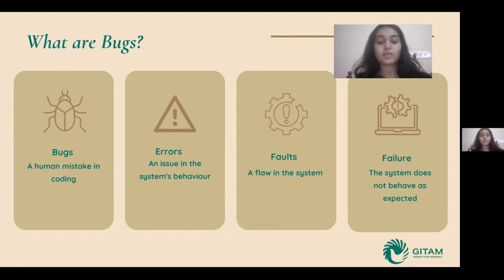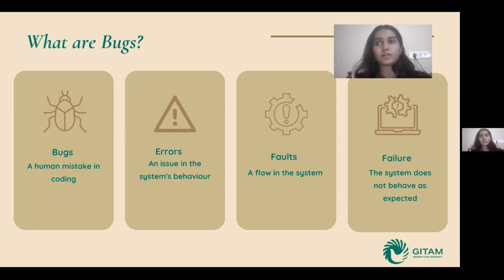The error is the part where it ends up in the system and it behaves in a way it's not supposed to. Let's say when you compile the code, it will end up giving you results that you don't want.